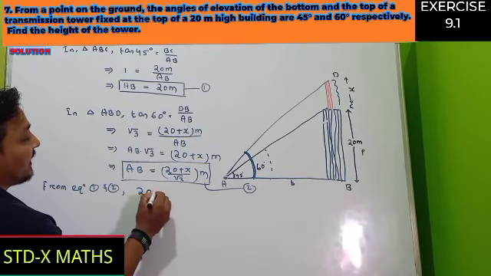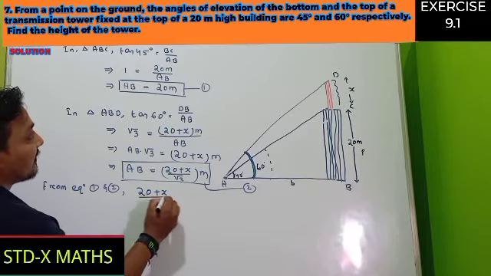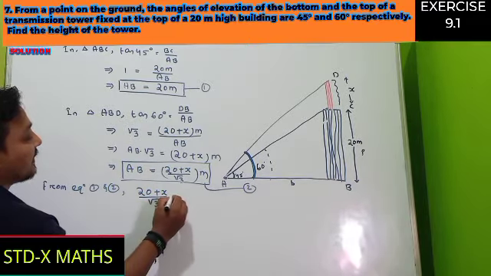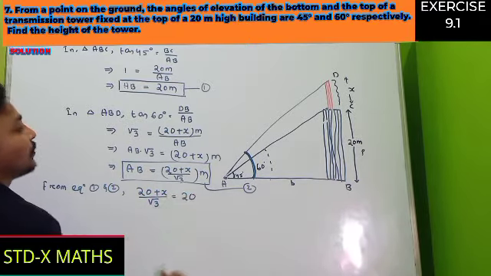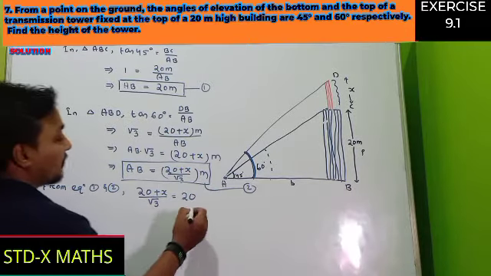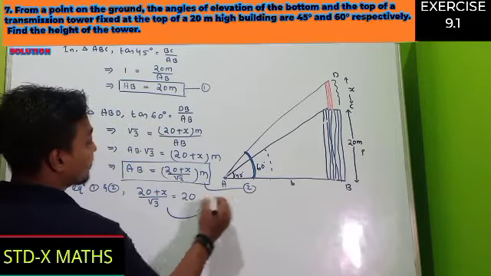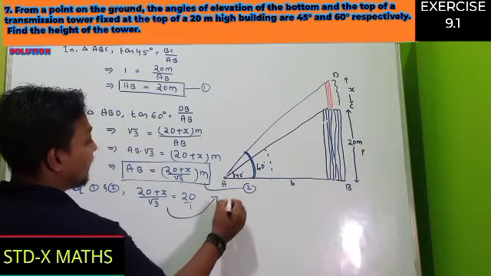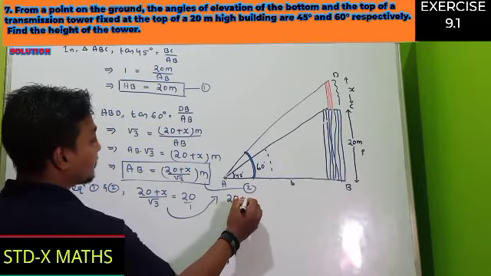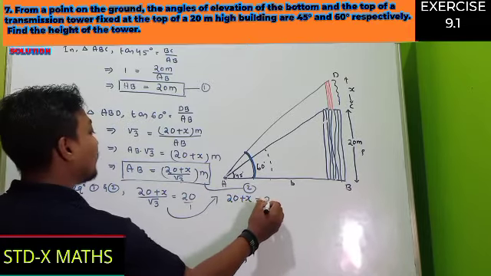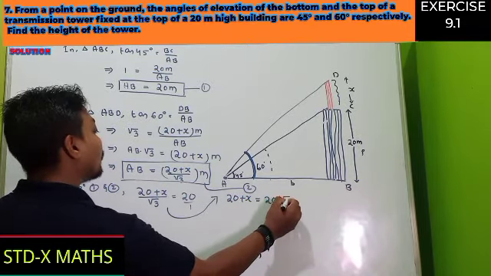So 20 plus x divided by root 3 equals 20. By cross multiplication, with 20 as 20 by 1, 20 plus x equals 20 root 3.